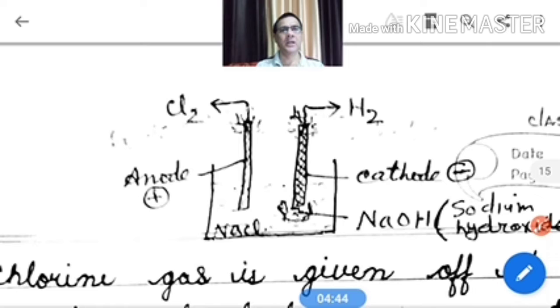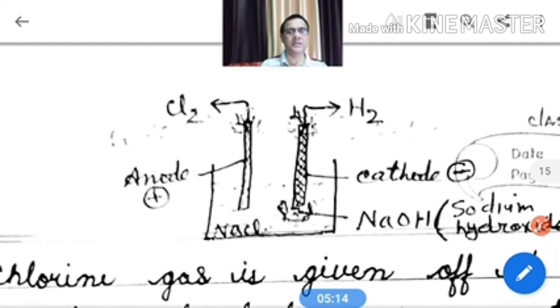All of you see, above the cathode hydrogen gas is liberated, on the left side at the anode chlorine gas is liberated, and below the cathode NaOH is deposited. So we say when electric current is passed through the aqueous solution of NaCl, hydrogen is liberated at the cathode, chlorine is liberated at the anode, and NaOH is obtained near the cathode.